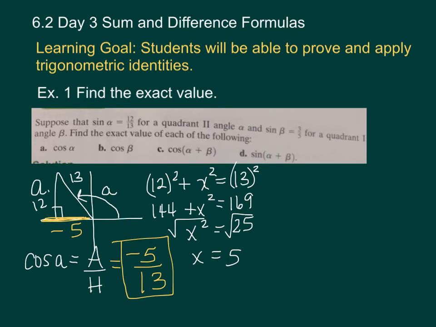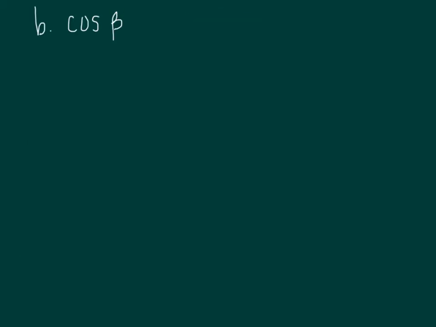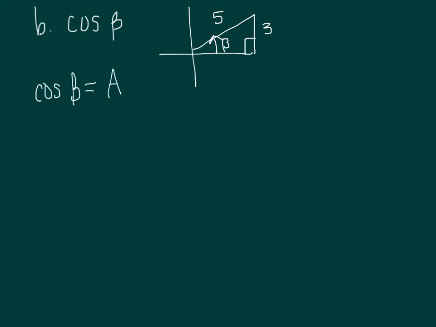Okay? Now let's go to B. Okay, they said B was quadrant 1, where everything is positive. So now B is this small angle, that's beta. And they said that for B, it's 3 over 5 sine. So that's opposite over hypotenuse. They want cosine, which is adjacent over hypotenuse.